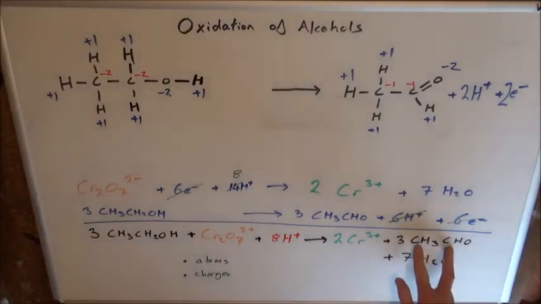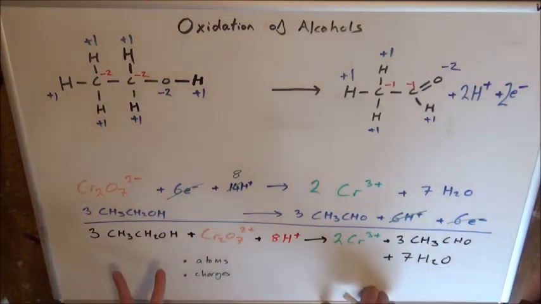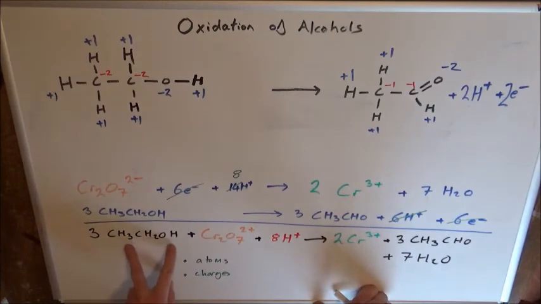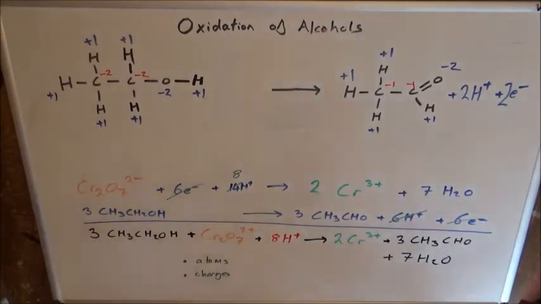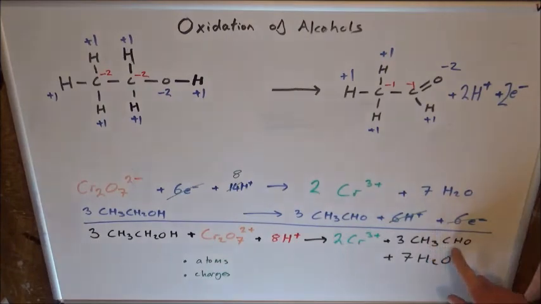Similarly for the ethanal, we've got 6 carbons in 3 ethanal molecules. One ethanol molecule has 6 hydrogens in it. We've got 3 of them, that's 18 hydrogens there. 8 hydrogens here, that's 26. Now each ethanal molecule has 4 hydrogens in. 3 of those gives 12, plus 14 gives 26.